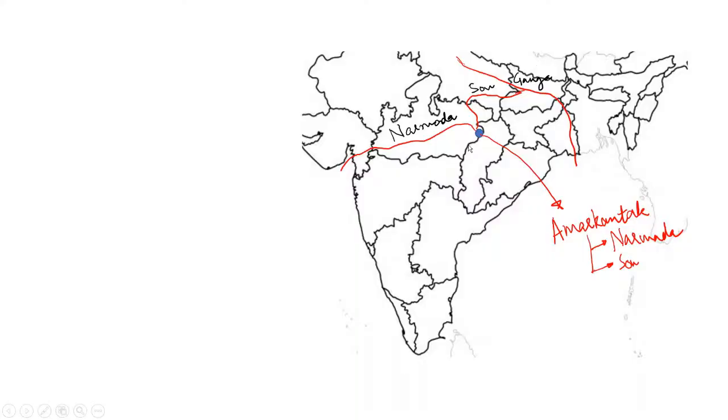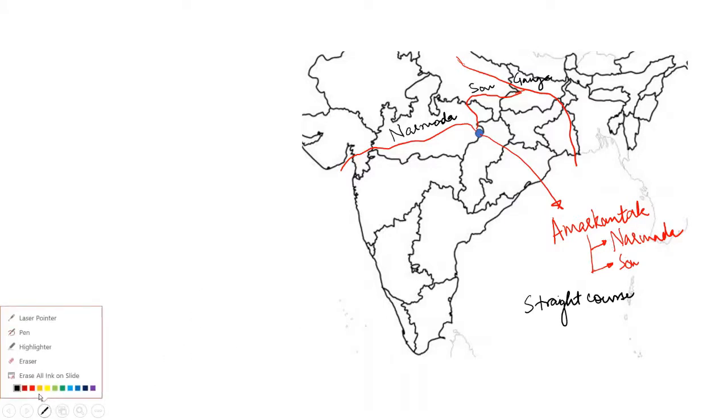The Narmada River flows in a straight course. Another important river that flows through this region and has a straight course is the Tapti River.